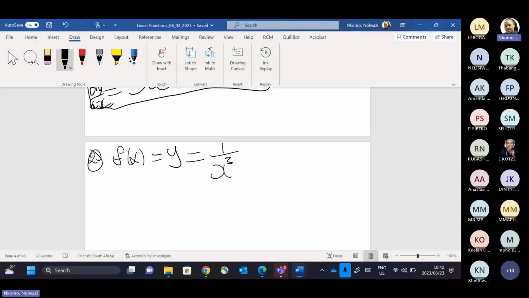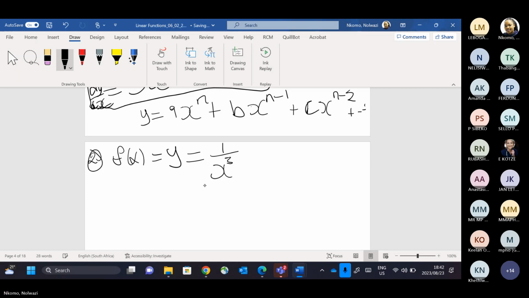Remember, a polynomial is a function like this, y equals a x to the power n plus b x to the power n minus 1 plus c x to the power n minus 2, and so on.